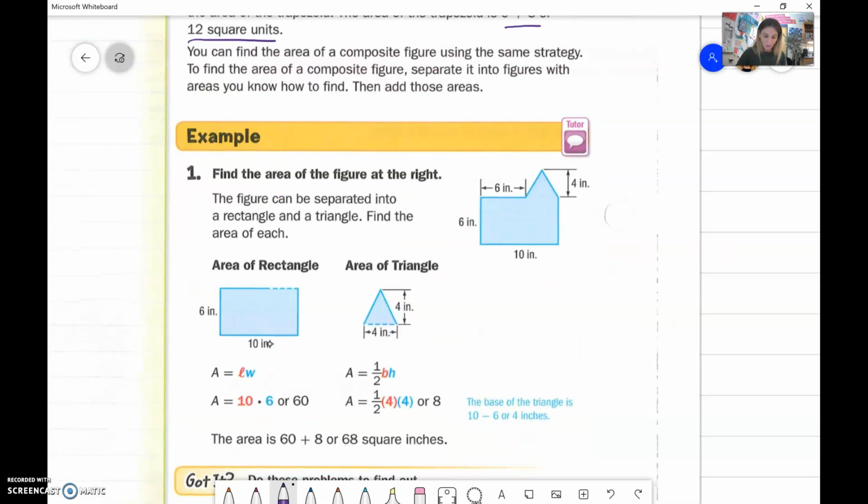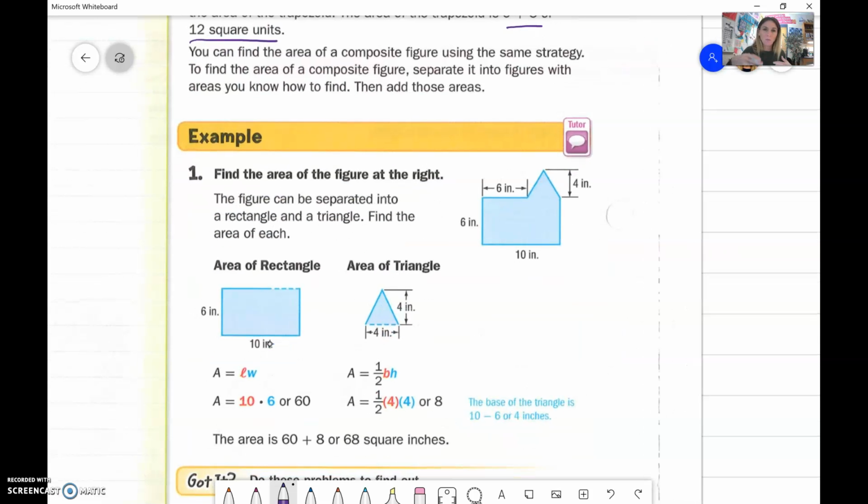Now let's take a look at where this actually might be, where we would need to break down and talk about different areas of composite figures. So taking a look at number 1, at this example right here. When I look at this example, I see that I can draw a line right here, and now I have created a rectangle right here, okay, and I've created a triangle right here.